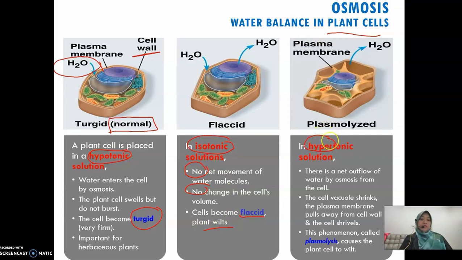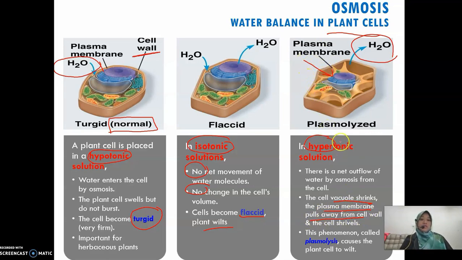In hypertonic solution, the net outflow is higher, so water will move out. The vacuole shrinks. Plasma membrane is pulled away from the cell. So you can see that this is plasma membrane and it is pulled away from the cell wall.